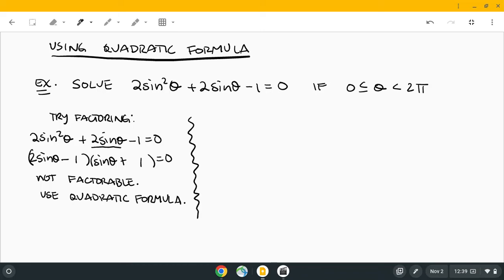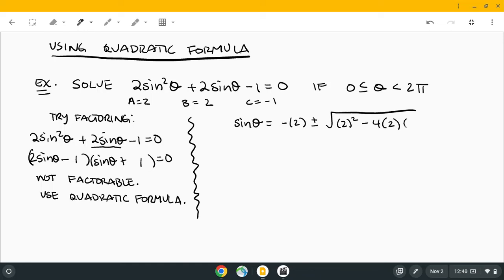All right, so A here is 2, B equals 2, and C equals -1. So sine theta equals, instead of using x, we're using sine theta because we're not using x. Sine theta equals negative b plus or minus the square root of b squared minus 4 times a times c, all over 2a.